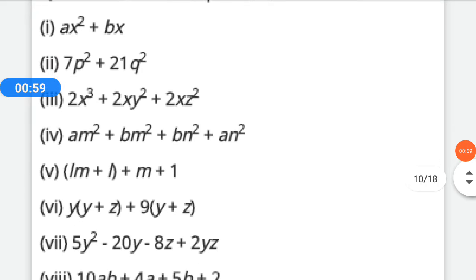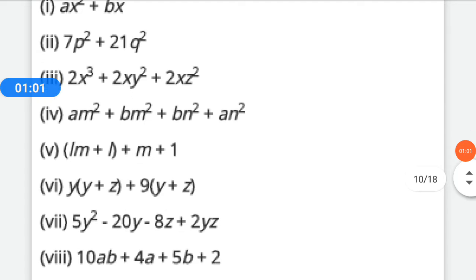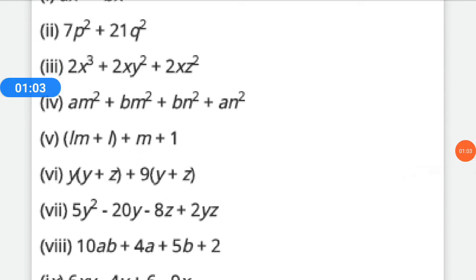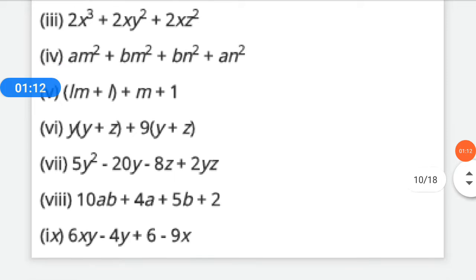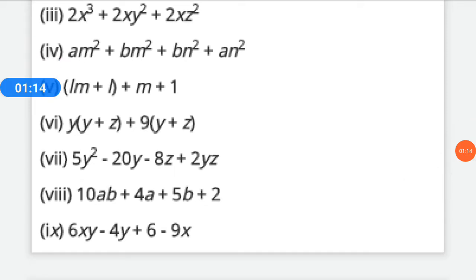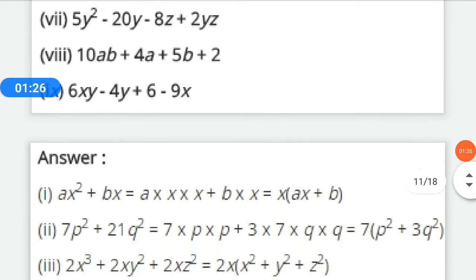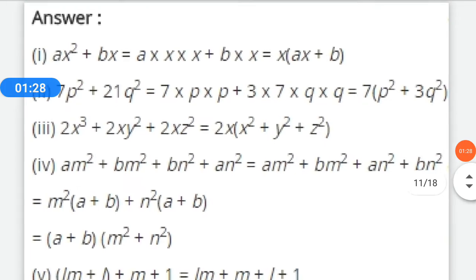Sixth, y into y plus z plus 9 into y plus z. Then the seventh one, 5y minus 20y minus 8z plus 2yz. Eighth one, 10ab plus 4a plus 5b plus 2. And the last one, 6xy minus 4y plus 6 minus 9. So these are the questions which we have to factorize.